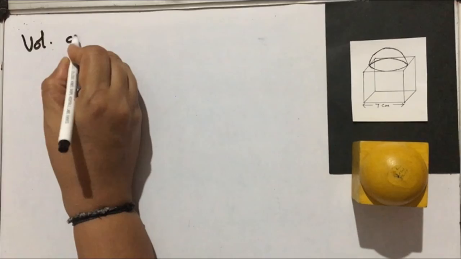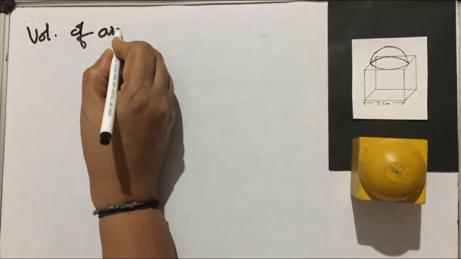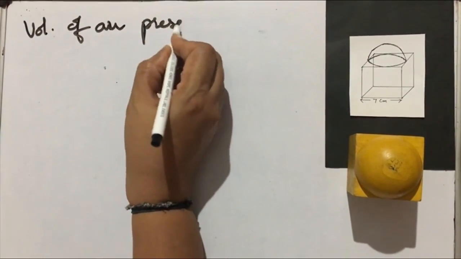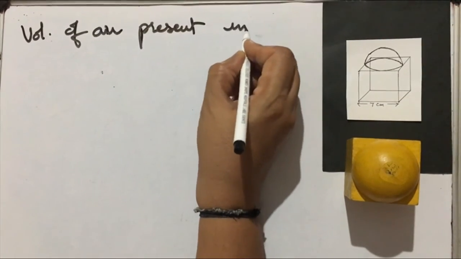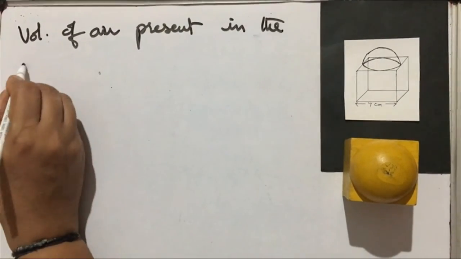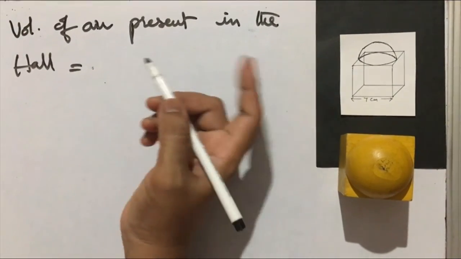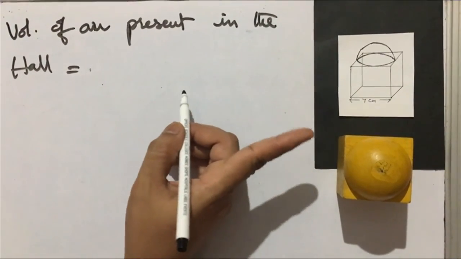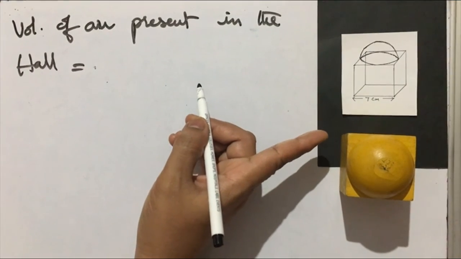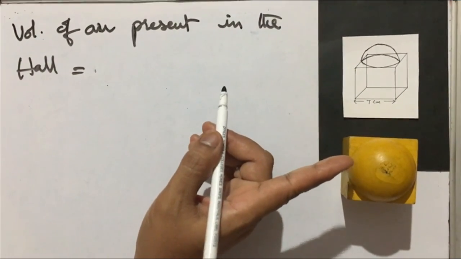Volume of air present in the hull is equal to just simply adding the two objects' volumes. One object is in the shape of a cube, the other one is in the shape of a hemisphere.